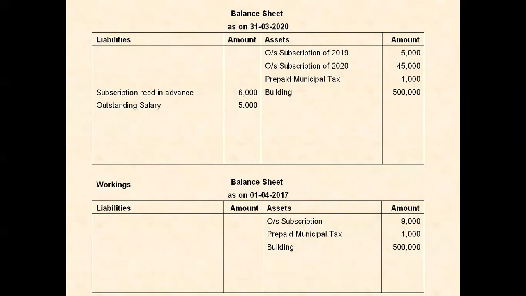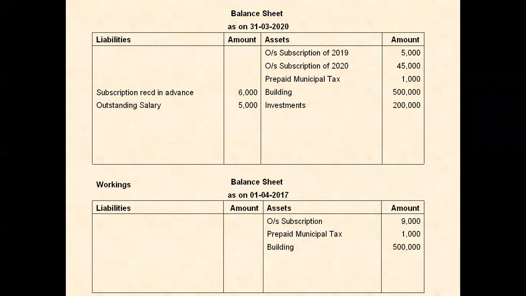Now the last adjustment is 6% interest, 5 months. So check on the payment side, the investments given on the payment side is rupees 2 lakh, and this investment will go to the closing balance sheet. Closing balance sheet asset side, investments 2 lakhs. Interest is 12,000 per year, and for 5 months it will be 5,000.